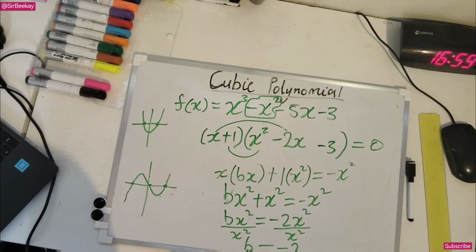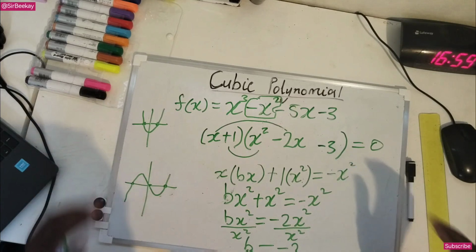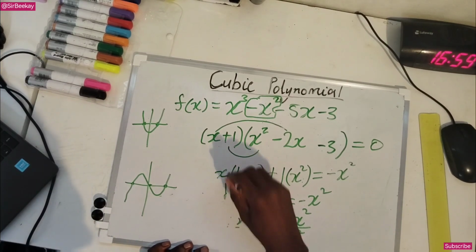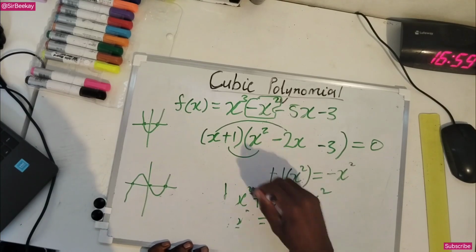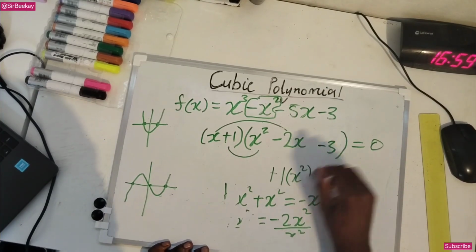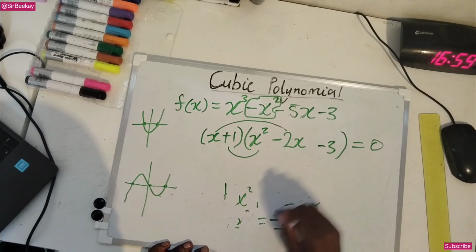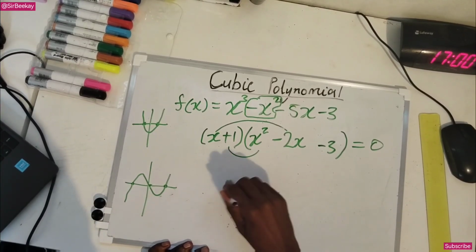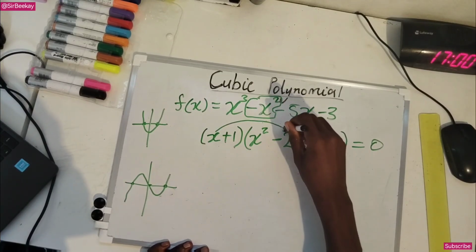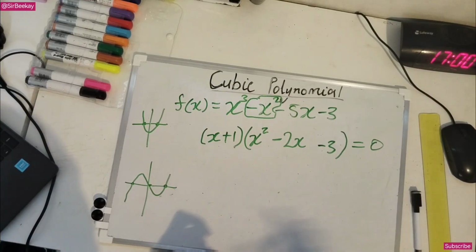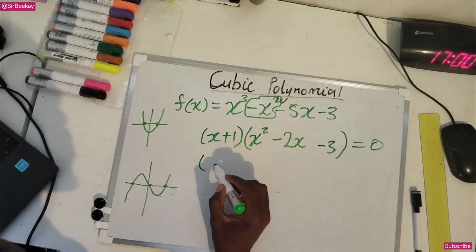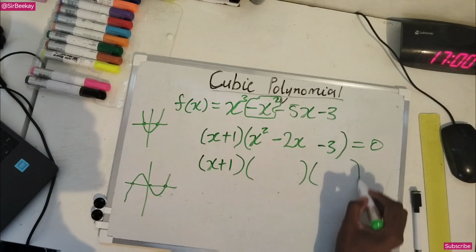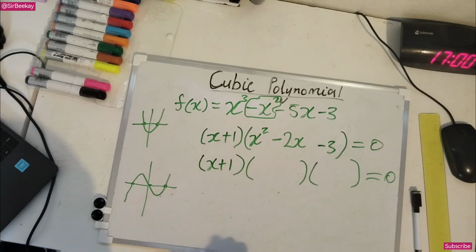We have found our 3 roots now. The only thing that is left is for me to factorize the quadratic into 2 roots. Then we have all 3 roots. Okay, let me further do this. x plus 1 into 2 equals to 0.